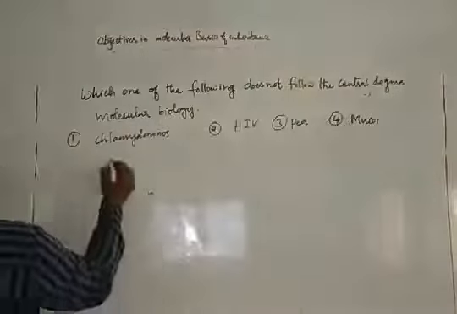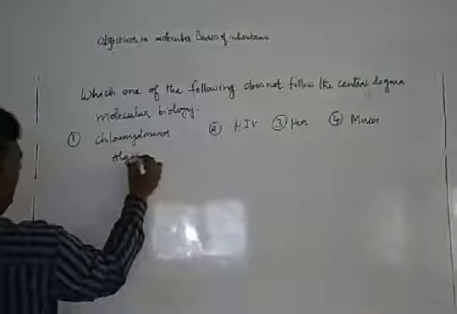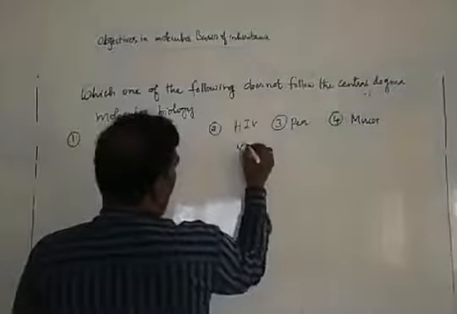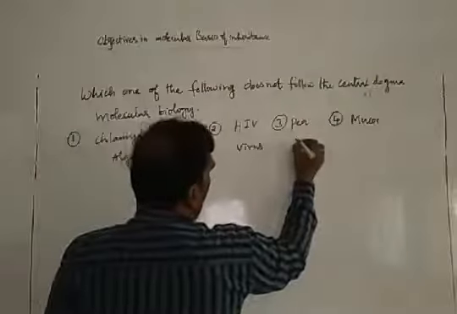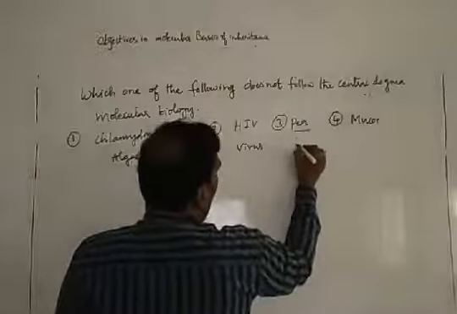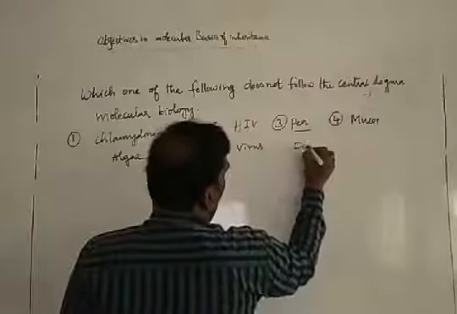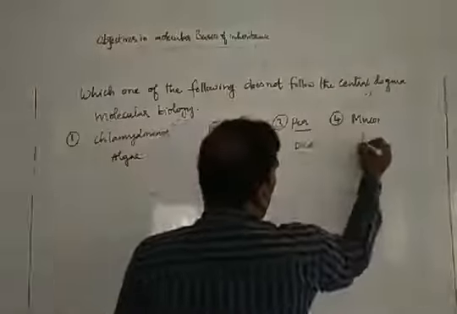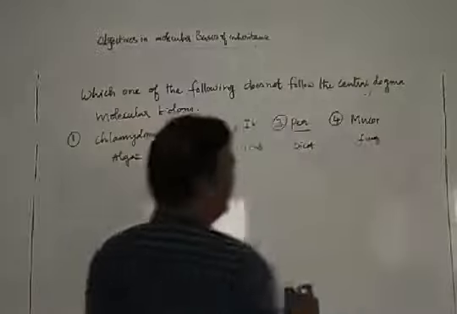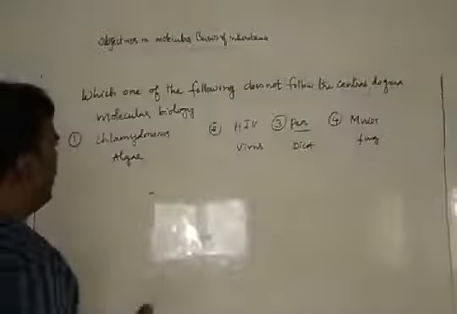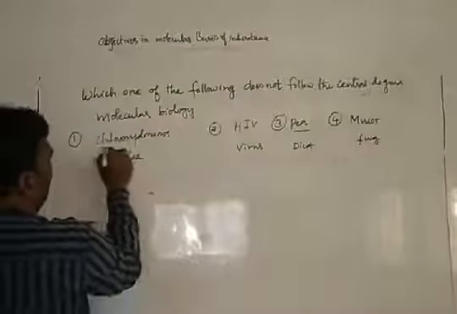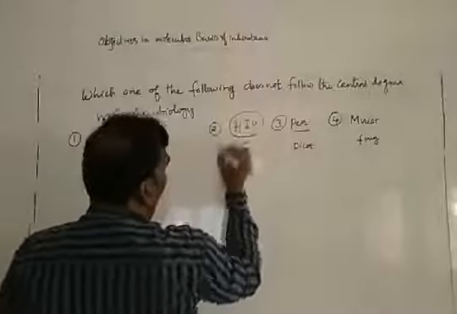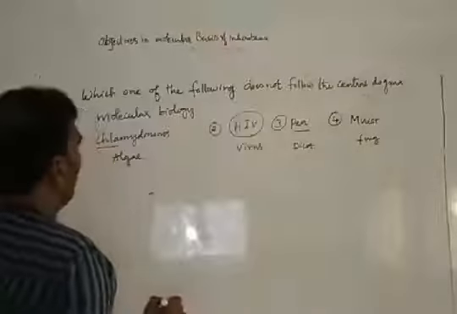So this is an alga, this is a virus, this is gram, a dicotyledonous plant, and this is a fungus. All the organisms except HIV follow the central dogma of molecular biology.